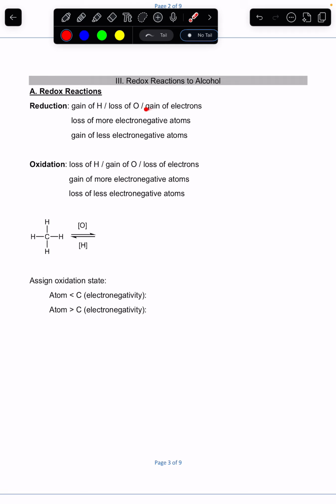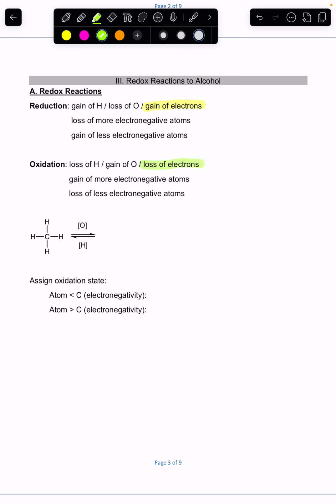So the gain of electrons is reduction, and the loss of electrons is oxidation.